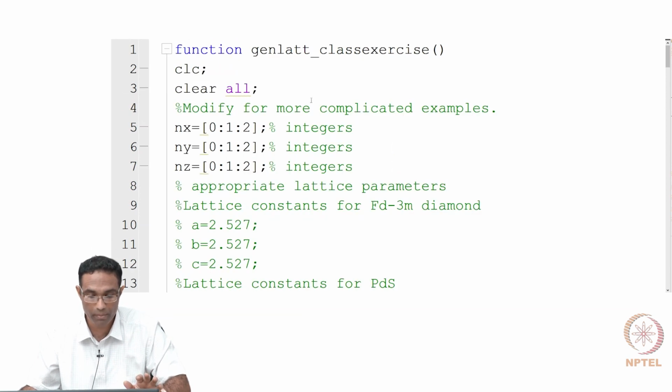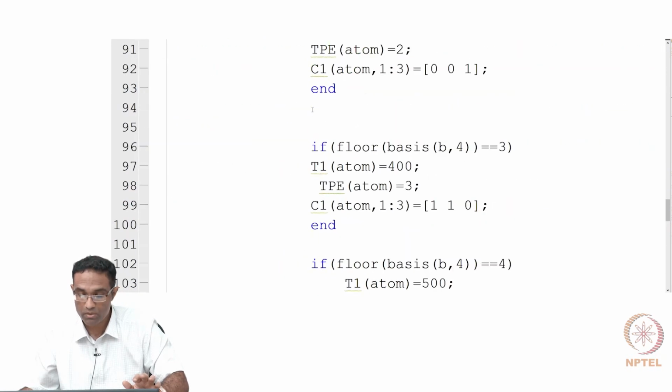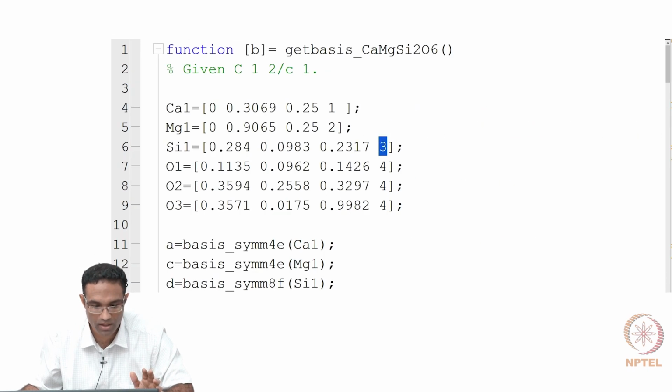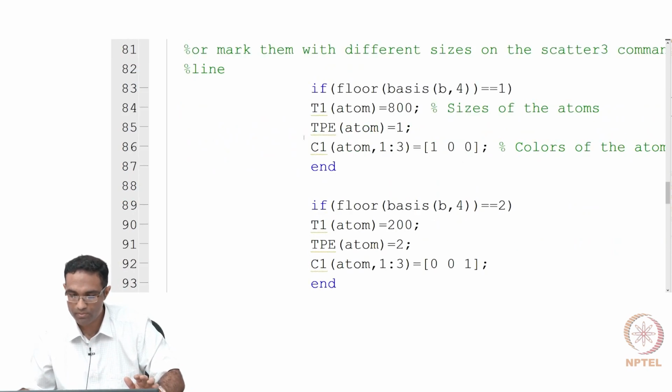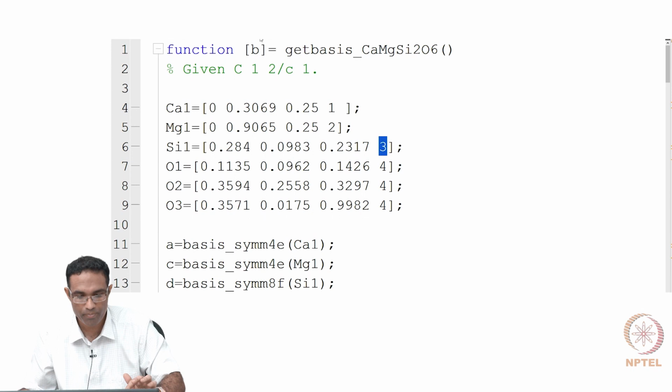So we go back to our main website, the main program. So 100 is red. Red is probably the first one, Ca, right? Yeah, 1 is Ca, and red is Ca, then red, green, blue. This one is the other one, which is magnesium.